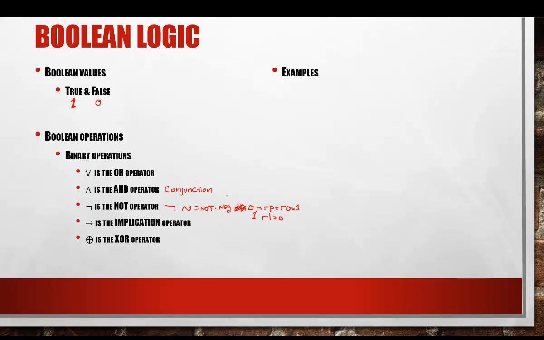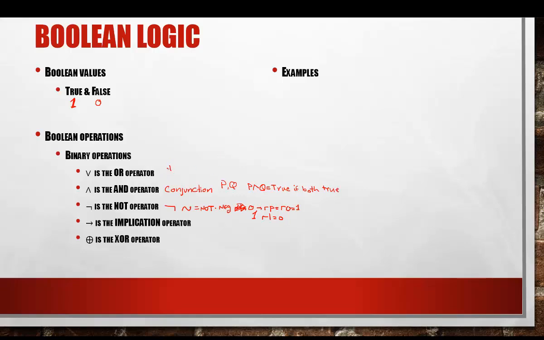Otherwise, it's going to be false. So if you have a statement P and a statement Q, then P and Q is going to be true if both were true. Otherwise, it will be false.